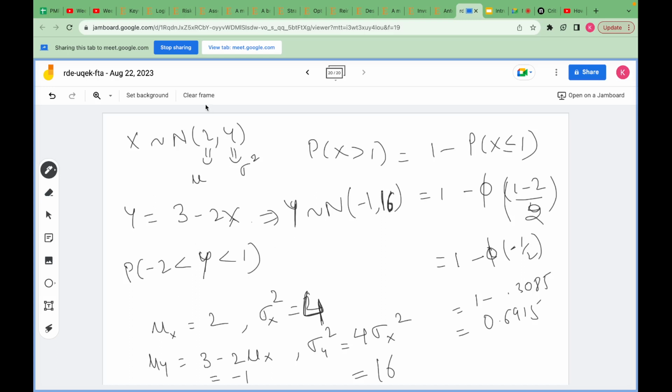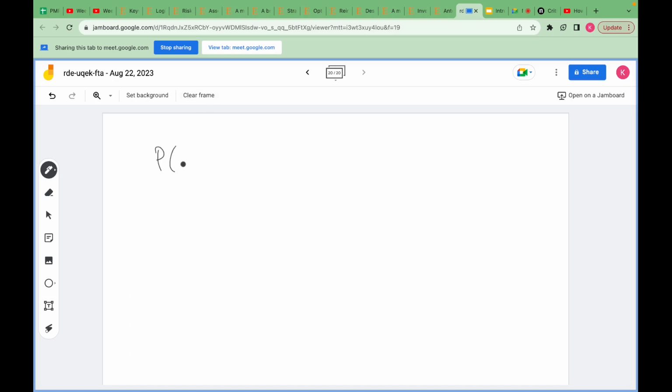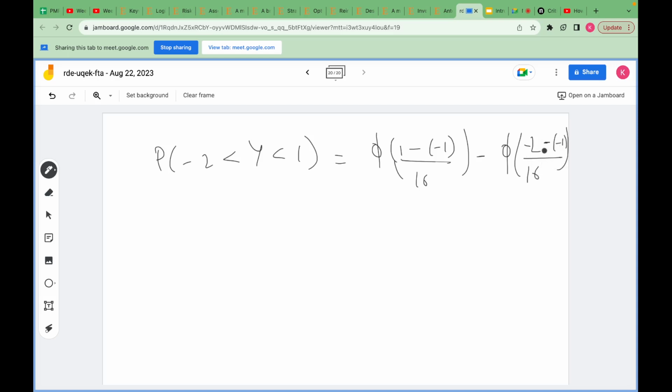Okay. Now we need to find the probability of y between minus 2 and 1. This is nothing but psi of (1 minus minus 1) divided by 4 minus psi of (minus 2 minus minus 1) divided by 4, which is x minus mu by sigma. Mu is minus 1, sigma is 4, sigma square is 16.